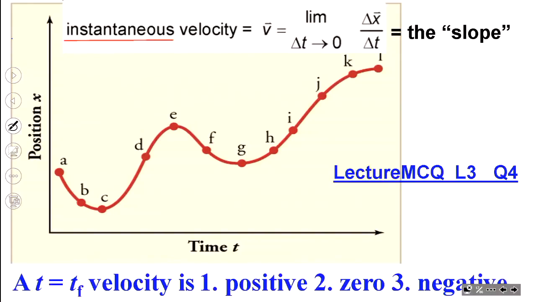But for now, we need to use this graph to answer the question about point F. At point F, the velocity... and I'm going to sketch a motion diagram. A motion diagram shows how the object was moving along the x-axis.